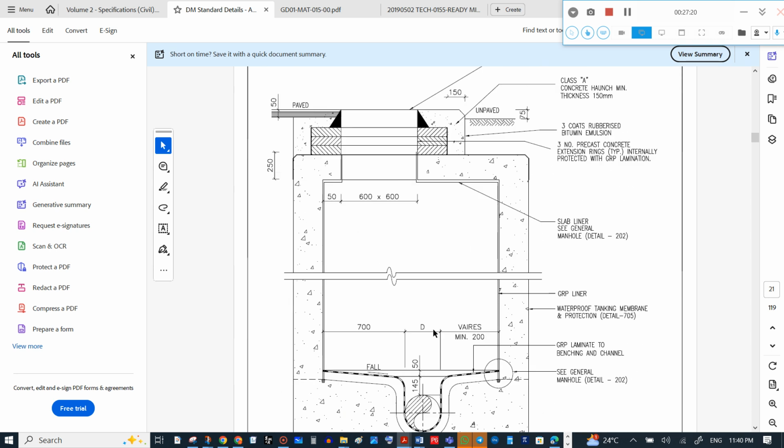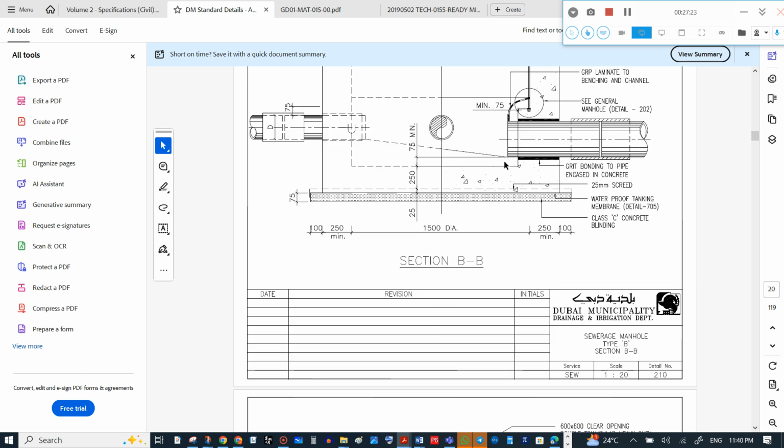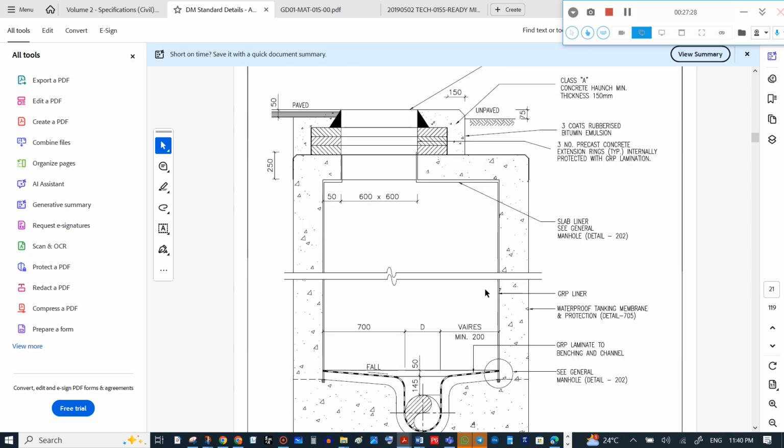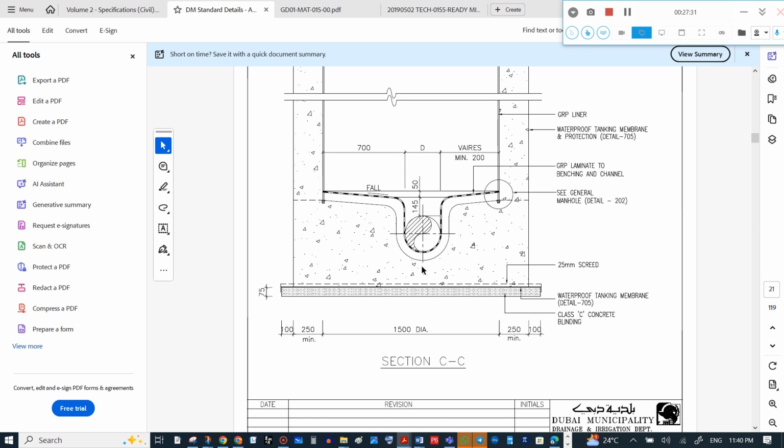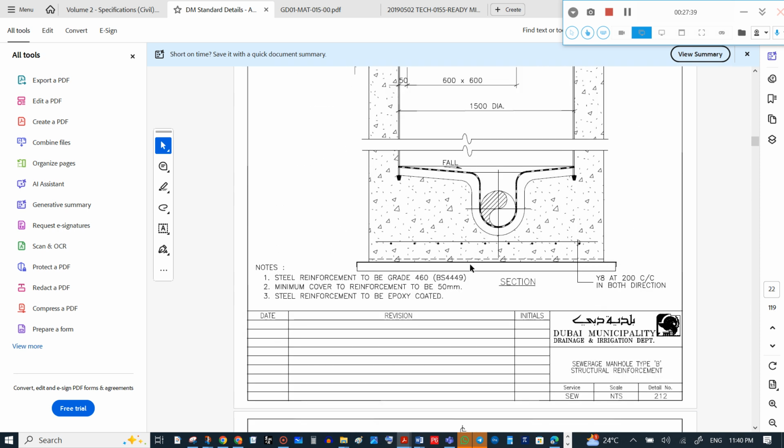250 mm at the outlet. But here this area is completely filled with concrete, and we have reinforcement also there, Y8 at 200 mm center to center. So we need to find out what this Y8 is. Starting from type B, all manholes have this rectangular base slab.